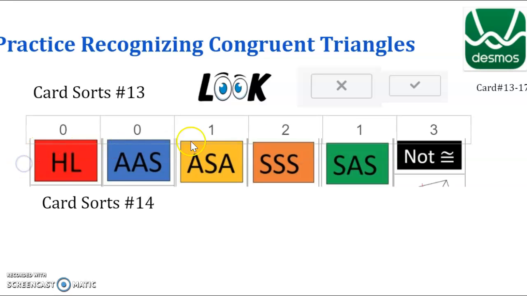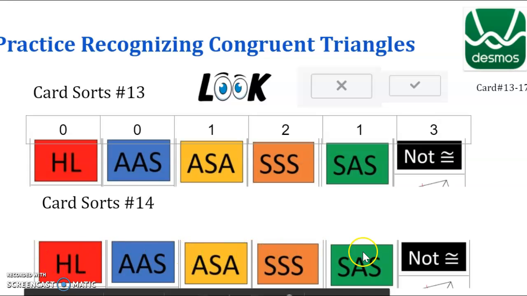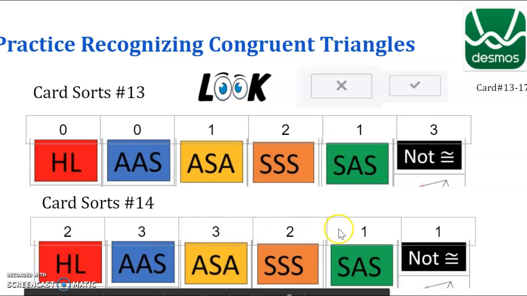You'll find that not all of them have cards that are matching. Some are not going to have any at all, while some are going to have multiple. Likewise for card 14, look for this, and again you're going to have a different number of cards that are matching. You should be coming to see me if you are at all struggling.